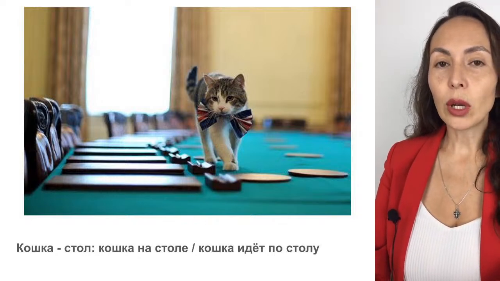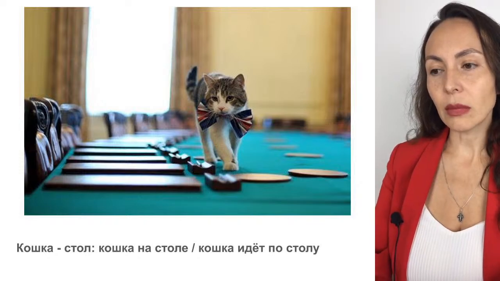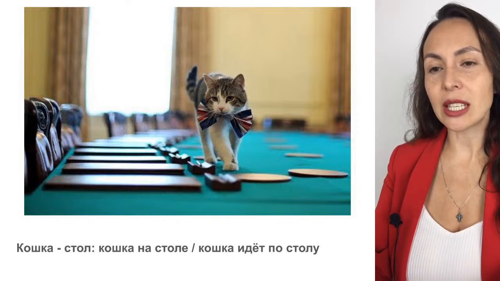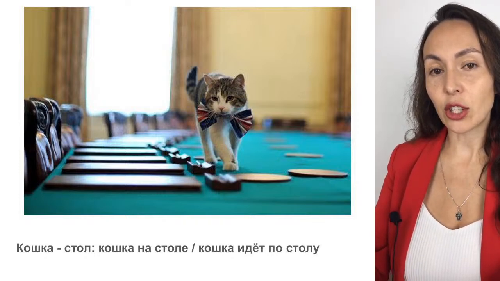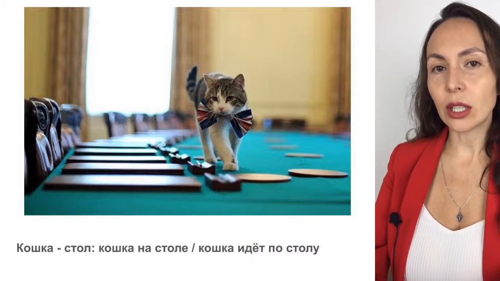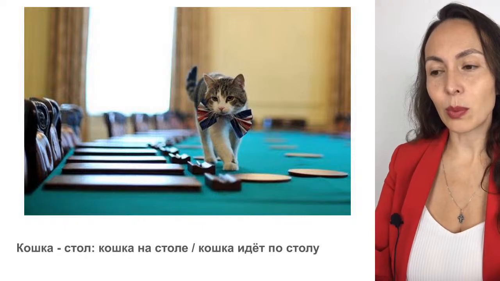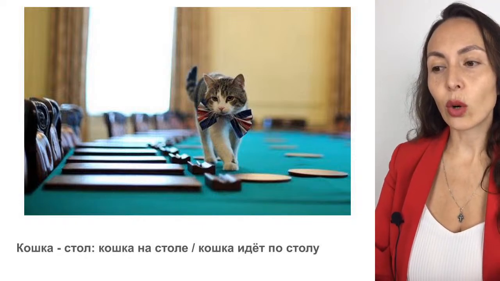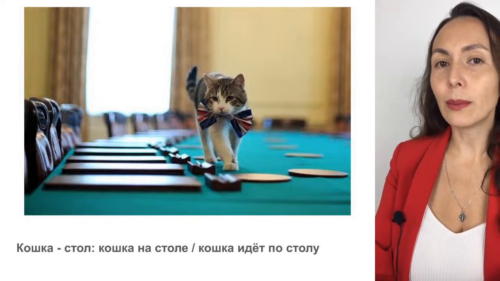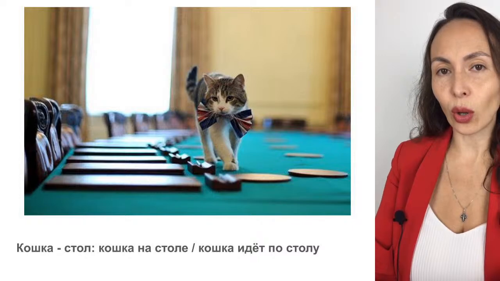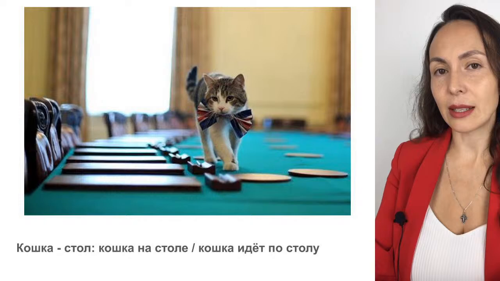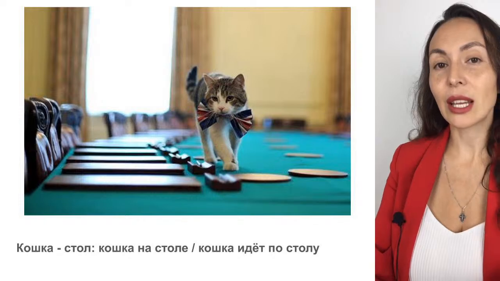But what if we want to go into details and say exactly what she's doing right now, that she's walking on the table? Then we will use another preposition, which is по. Кошка идет по столу. We modify the word стол again, and this will be a different case because the situation is different already.